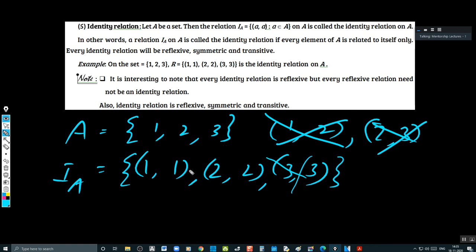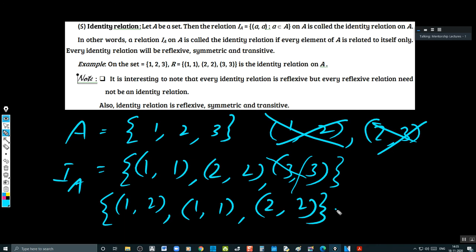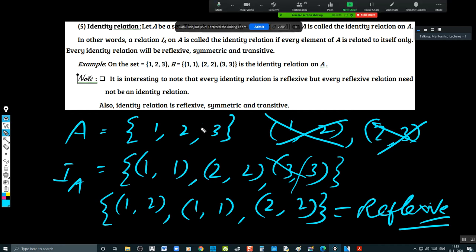If you have elements like 1,2, then to be reflexive you must have 1,1 and 2,2, but you need not have 3,3 in this case. Reflexive may contain other elements also, but identity contains only the elements that are mapped onto themselves. 1,1, 2,2, 3,3 gives you the identity relation.